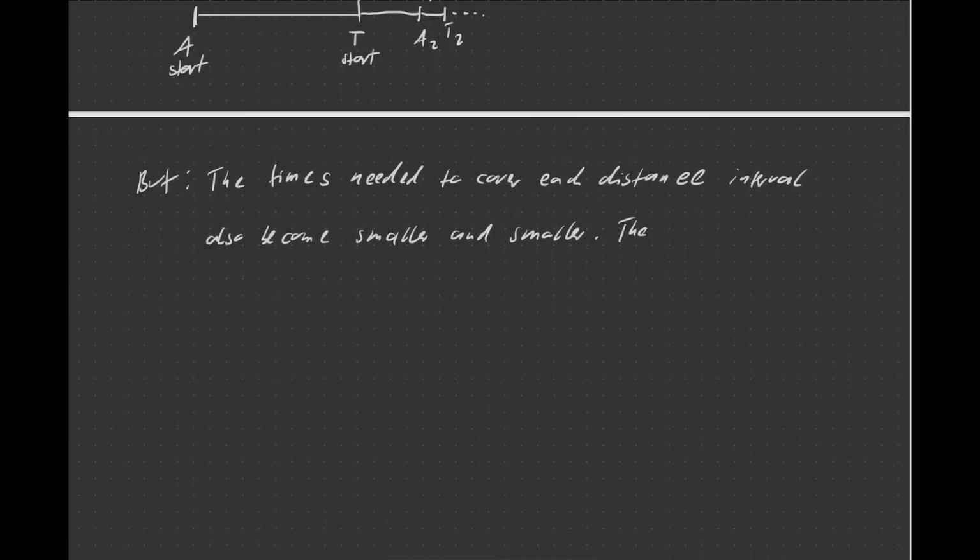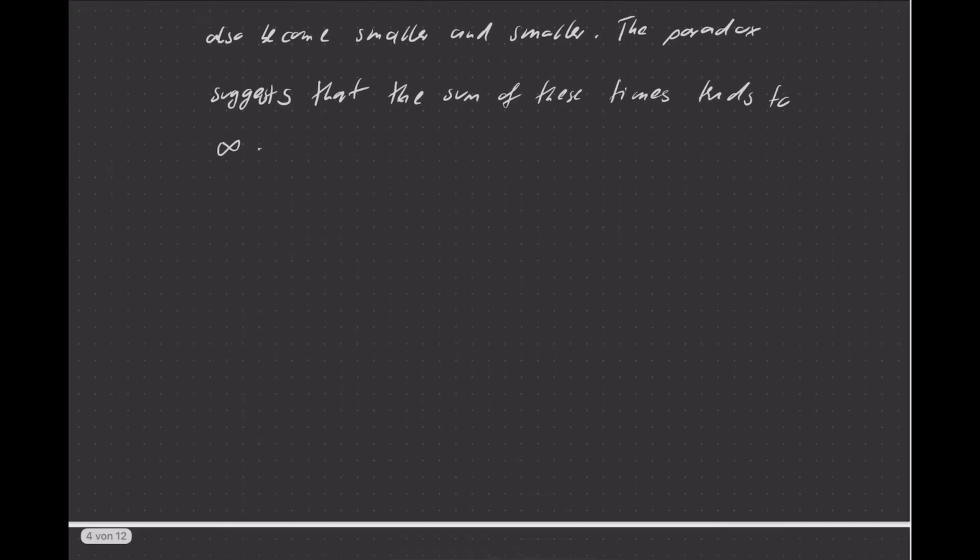And the paradox suggests that the sum of these times tends to infinity. But is this really the case? And let's see if that is the case. Let's take a look at that.